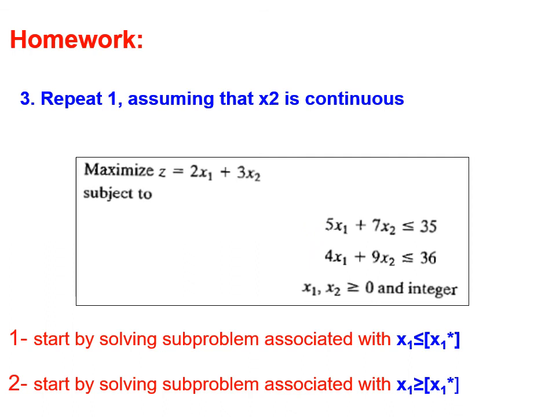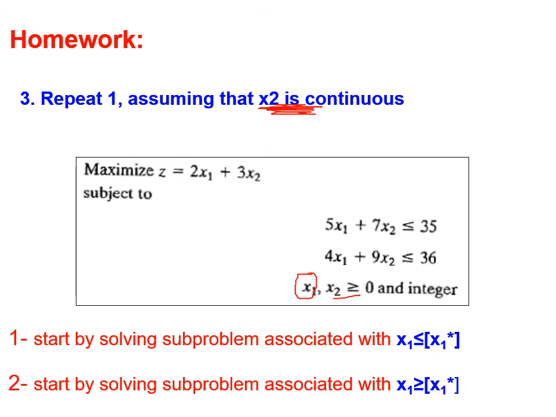Let's continue working on the same example, but this is a homework for you. Please study by yourself. And this time, let's consider x2 to be continuous. Okay. So only x1 is integer restricted, x2 is continuous. Then I want you to solve this problem in two alternative ways.